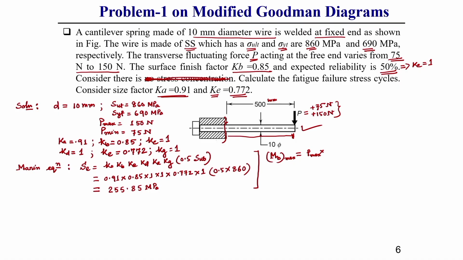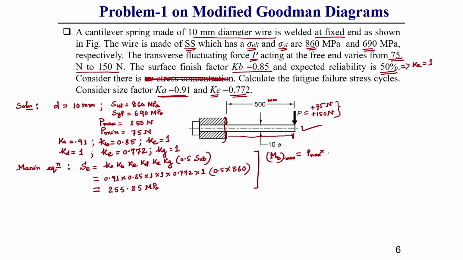Moment is independent of geometry, you should keep this in mind. It depends on the magnitude of force and the distance between the position where we want to find the bending moment and the loading point. That is the perpendicular distance we need to consider.